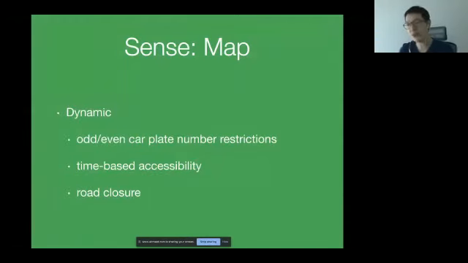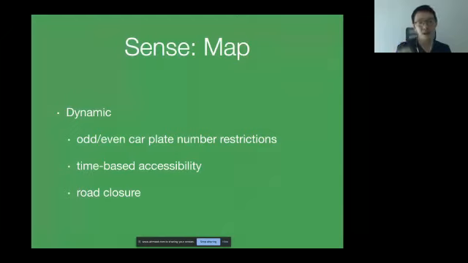And we have a lot of hyper-local issues we need to tackle. For example, in many cities in Indonesia, they have traffic rules like odd-even car plate number restrictions. I'm not sure whether it's the same in Japan, but in Jakarta, the capital of Indonesia, on many main roads in the city center, you can only go onto the road if your car plate number ends with an odd number or an even number.